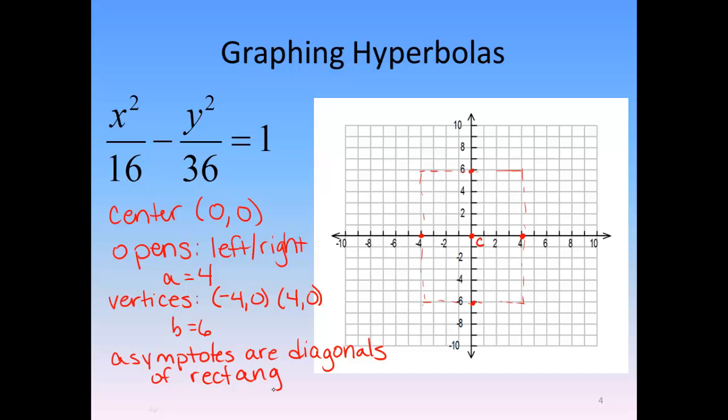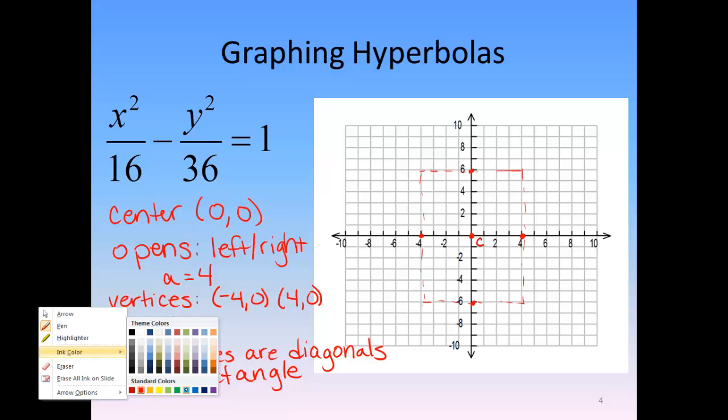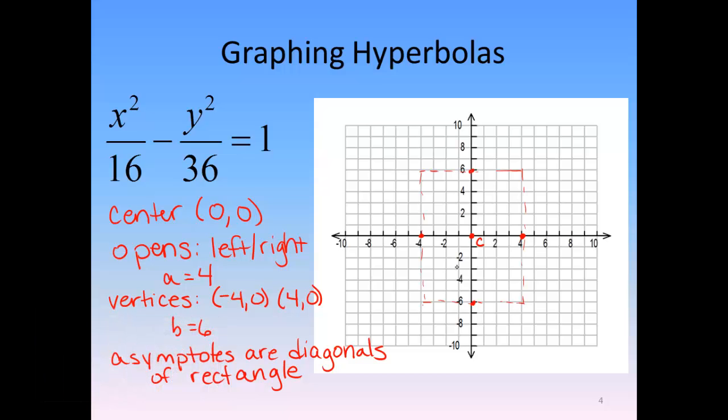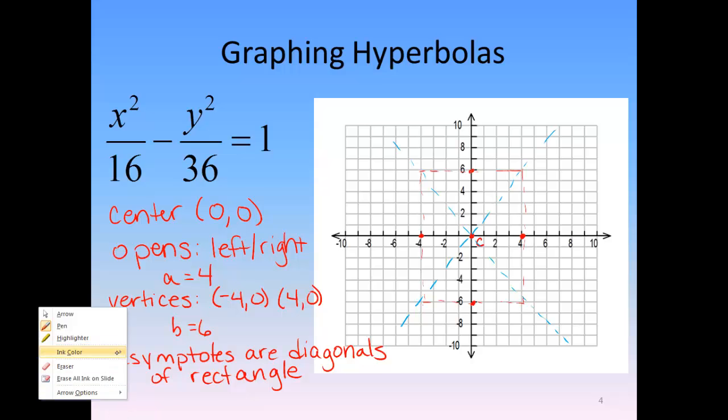And so you do want to draw those in. I'm going to go with the blue again. It goes through the center and through the corners of the rectangle, or the diagonals. Those are your asymptotes.